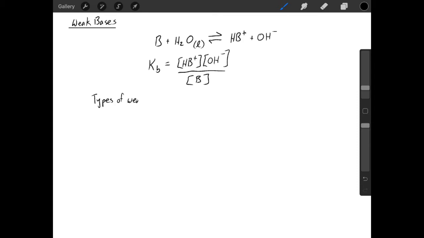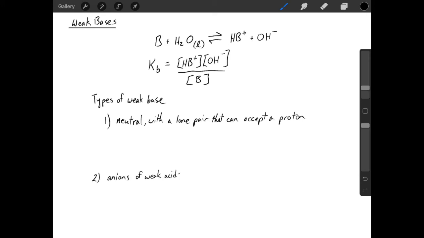And there are two main types of weak base. The two types of base are a neutral material with a lone pair of electrons that can accept a proton, and anions of weak acids that also have lone pairs of electrons that can accept a proton.